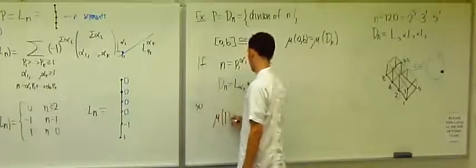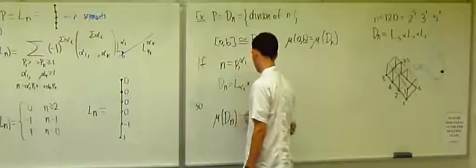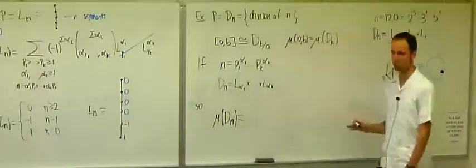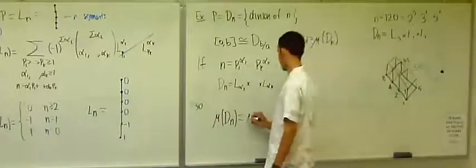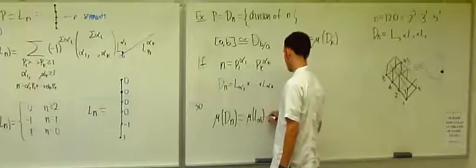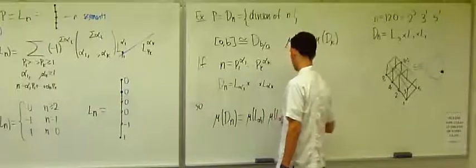So mu of dn is going to equal the product of these mu's. Okay? Because we just said that mu is multiplicative by this lemma.